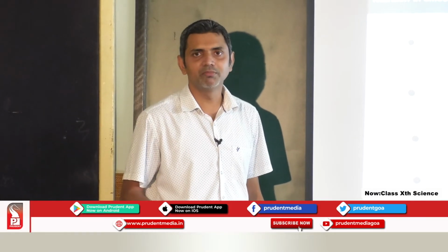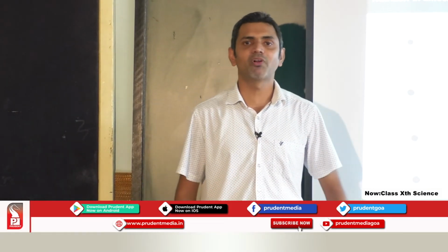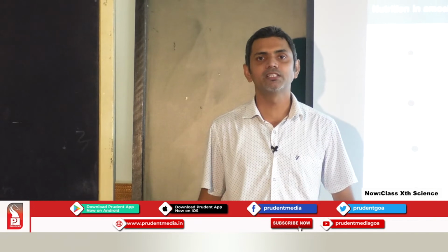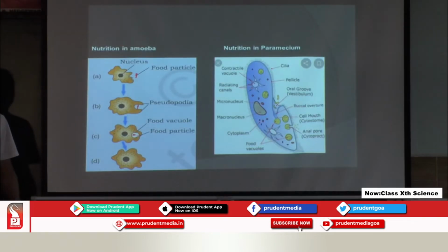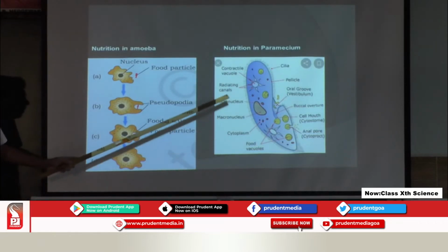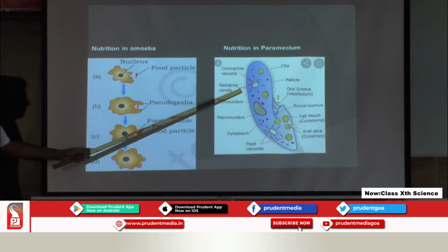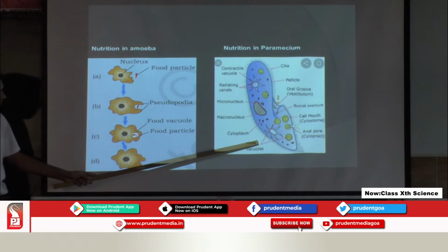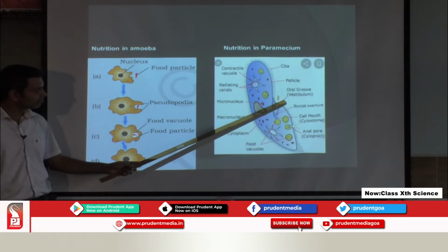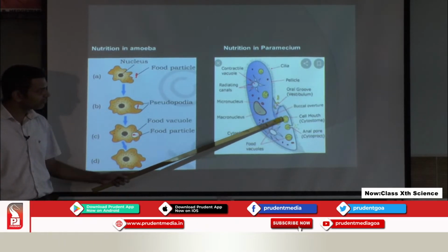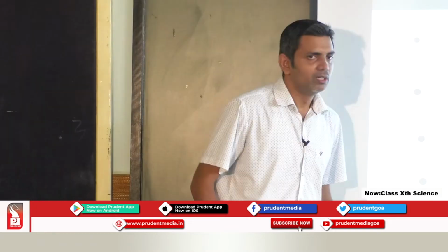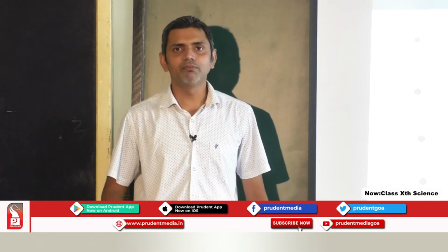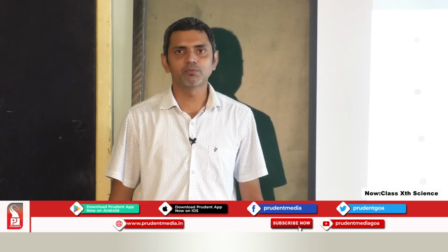And paramecium takes in food at a specific spot, not at any place. Using cilia, paramecium will try to bring the required food material here, and we can see here the cell mouth. So, in case of paramecium, food is taken in at a specific spot.